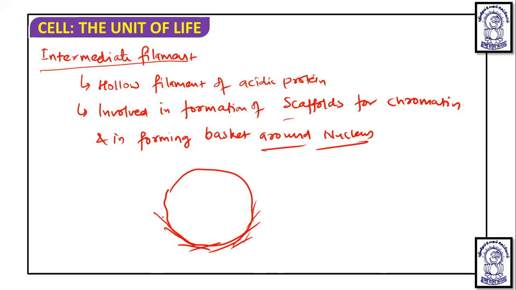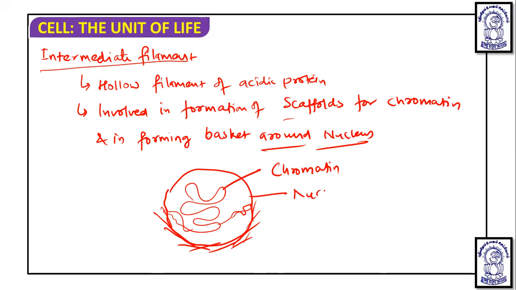And some chromatin material is added here and some is added here, meaning they are providing a hook-like structure to this chromatin material, so that is known as a scaffold. So this is the chromatin, this is the nucleus, and this is the intermediate filament. In such a way they help in this structure. Okay, so that is about the cytoskeletal structures.